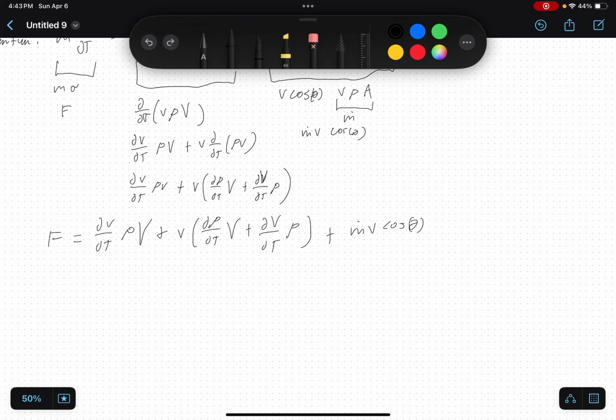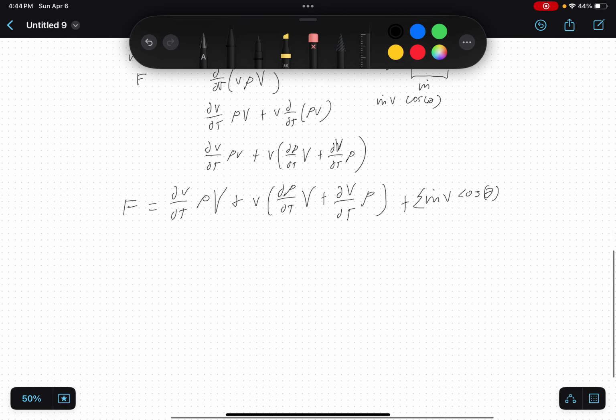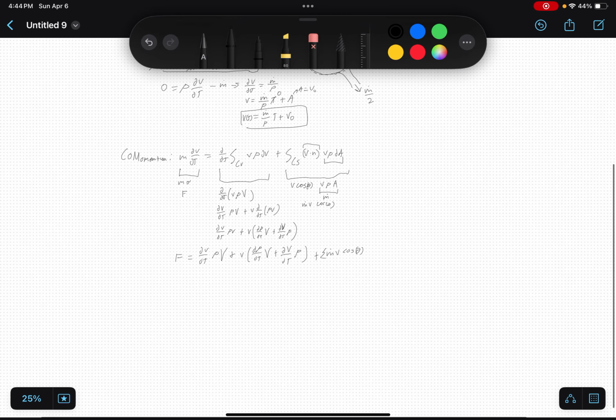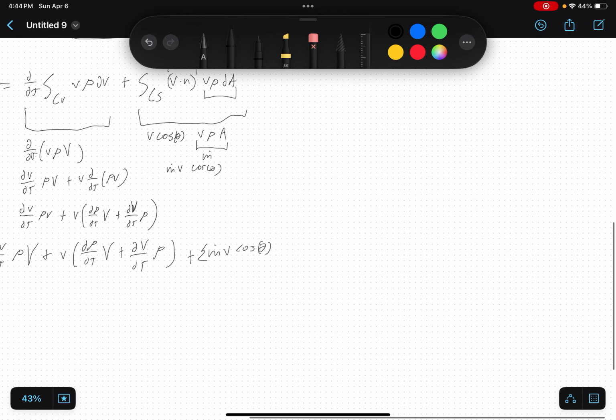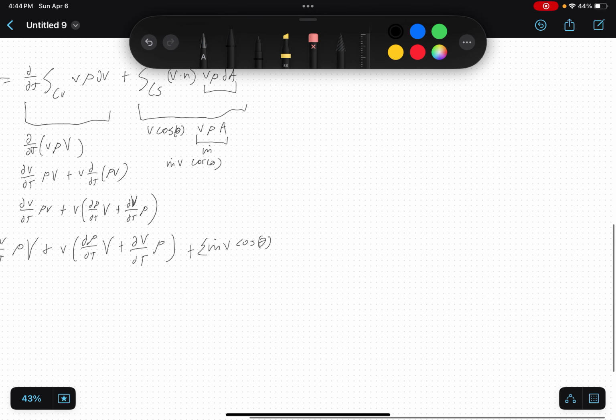Okay, so an example problem. Let's say, where's a good place to write it? I guess right over here. Let's say you have a box. You're shooting in water, so it's incompressible.